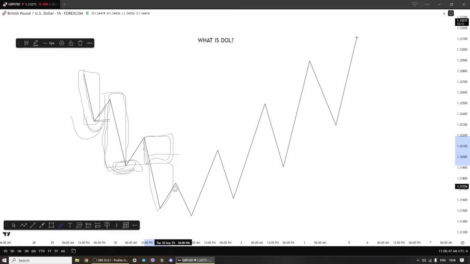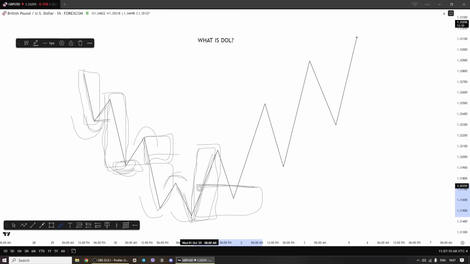But this is a sequence. Once you move from external, you will come to internal, and that's how it moves. And once you flip the high that took the low, aka change the order flow, then you simply look for internal range liquidity, key levels, to sponsor your move to go from internal to external liquidity.